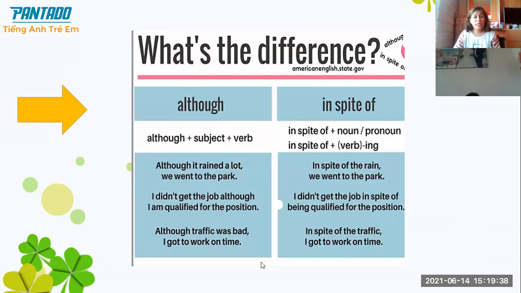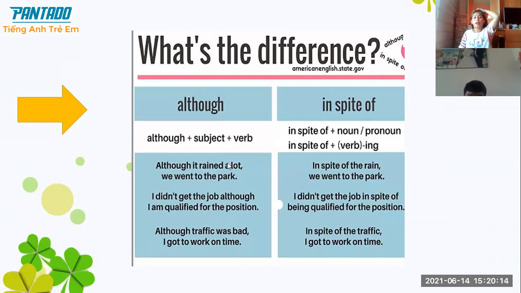In spite plus verb. So what's the difference here? What's the difference between although and in spite?